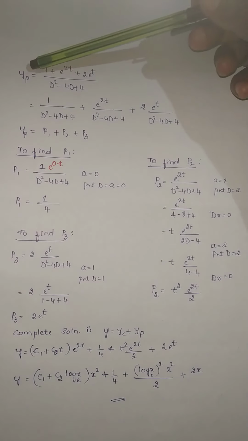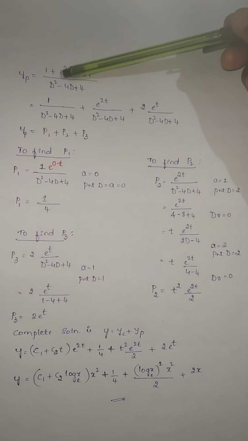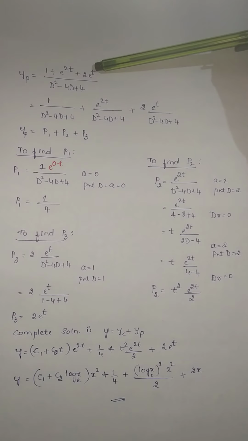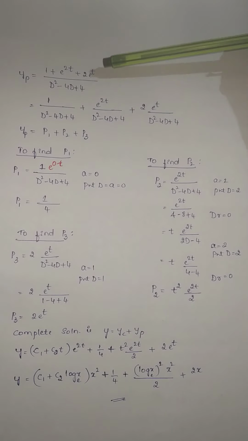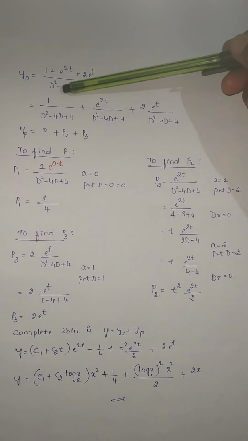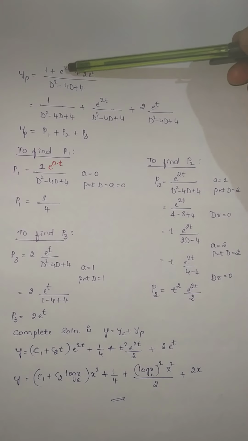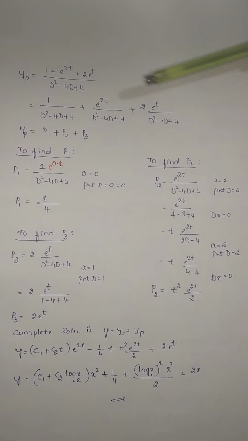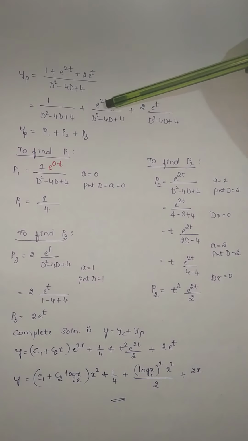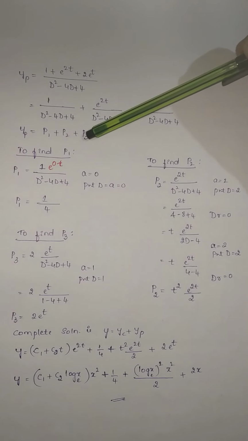Now yp = (1 + e^(2t) + 2e^t) divided by (D² − 4D + 4). Rewriting yp as 1 divided by the denominator, plus e^(2t) divided by the denominator, plus 2e^t divided by the denominator, calling the first term P1, second P2, third P3.